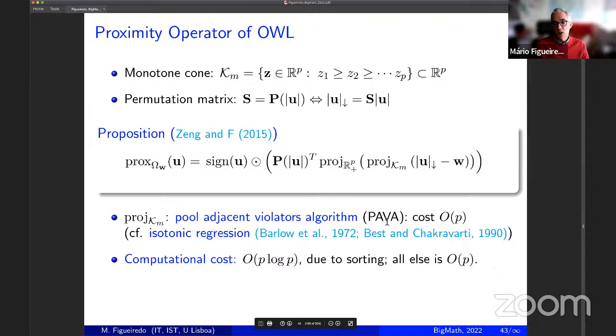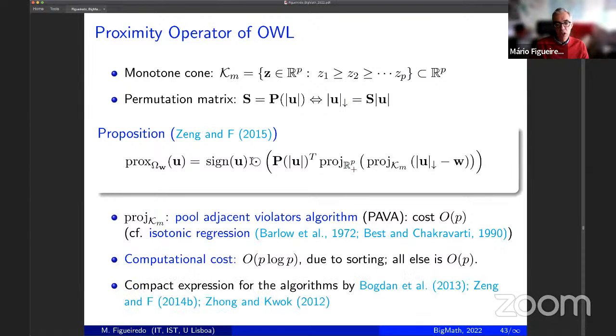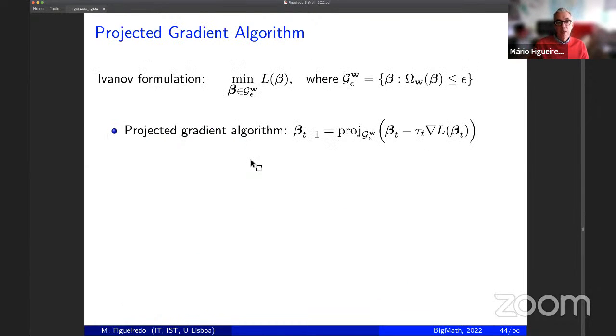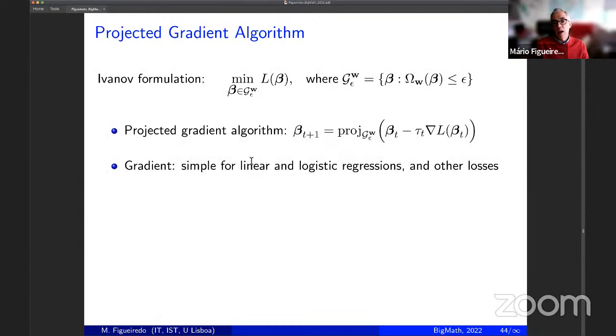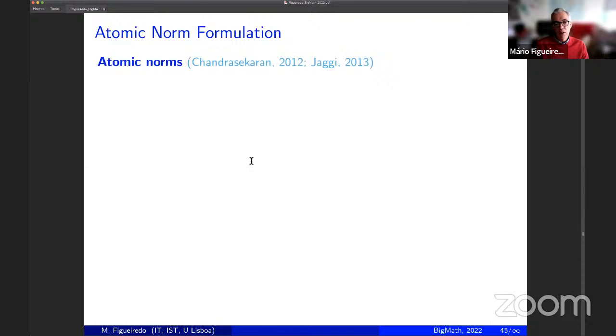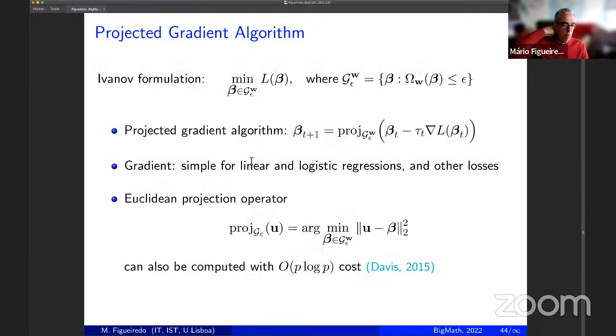And of course, you need to sort, and sorting costs P log P. Everything else is P: projection on the orthant costs P, and component-wise products cost P. So this is a very cheap step. And the same thing happens for the projection. I'm not going to talk about how it's done, but we can also show that the Euclidean projection on a ball of this norm also costs P log P.